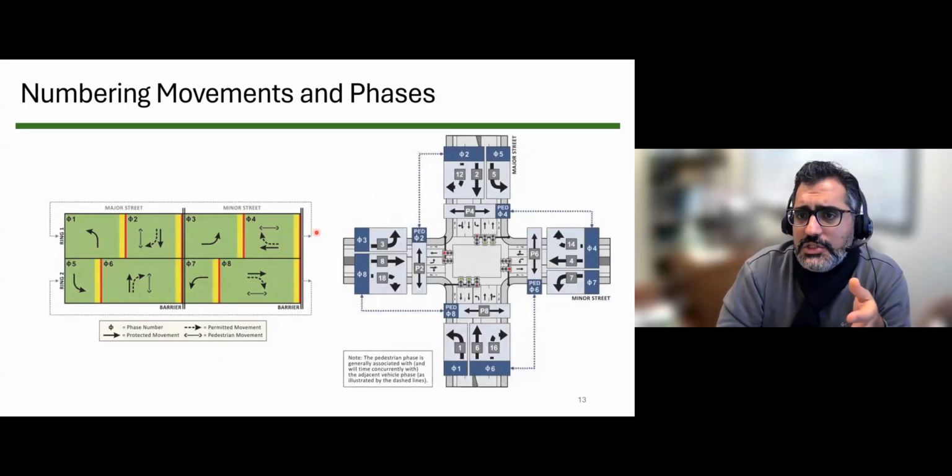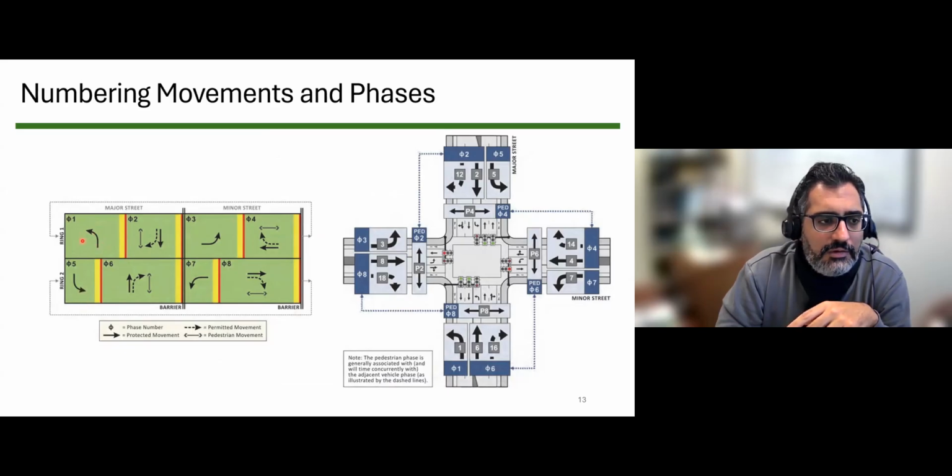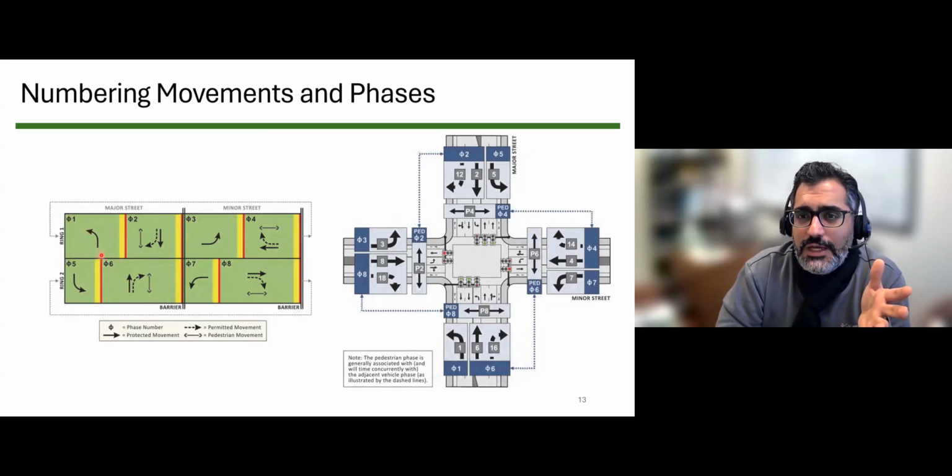When we make that decision about phasing, we will show that on what we call a ring and barrier diagram. This is an example of an overlapping ring and barrier diagram. So you see here that we have two left turns, but for one of them, we had a longer time because there was a higher demand for that.